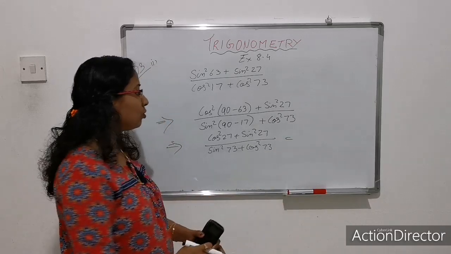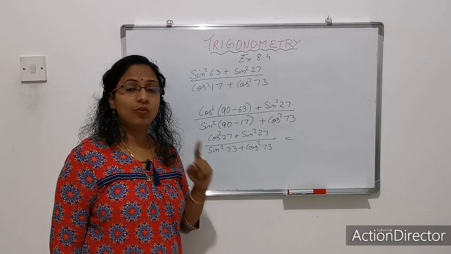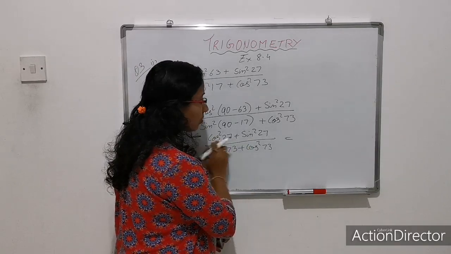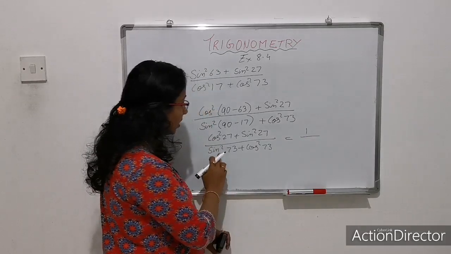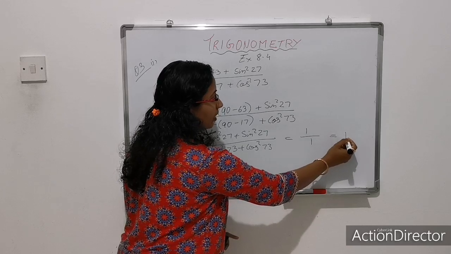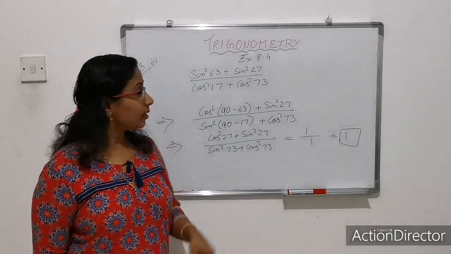Now this gives you cos square theta plus sin square theta equals 1, the first identity. Sin square theta plus cos square theta equals 1, divided by sin square theta plus cos square theta equals 1. That is, our answer is 1. Got it?